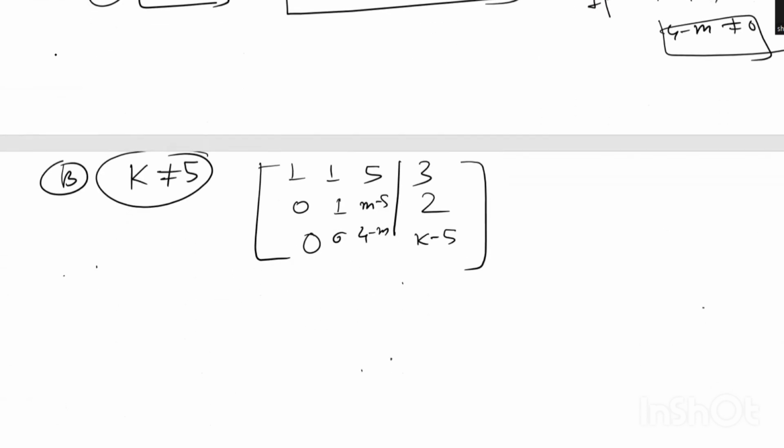If k is not equal to 5, then k minus 5 is non-zero.